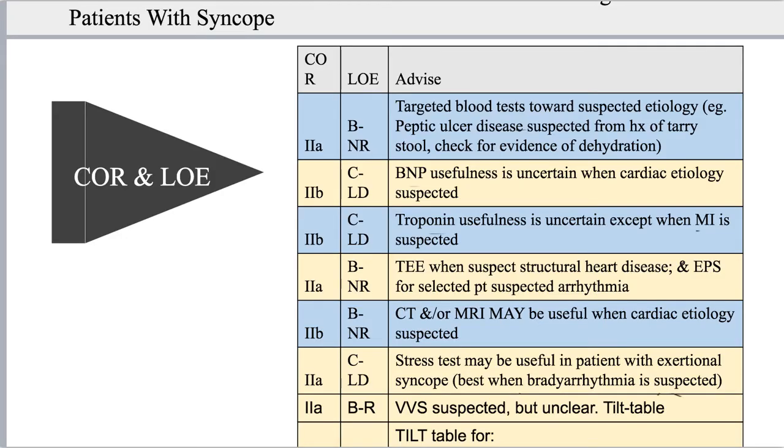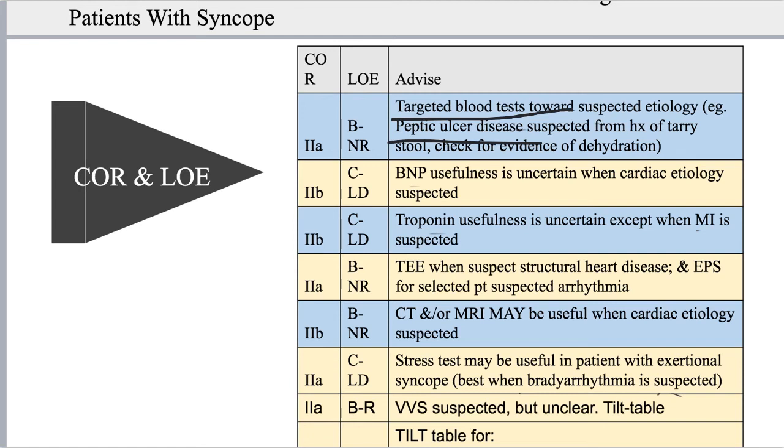Now focusing on the 2A and 2B level with level of evidence B: use targeted blood tests. Do not just throw a slew of labs at somebody. For example, you probably don't need a BMP unless you're looking to see if they're dehydrated. A CBC could point out anemia, for example, with peptic ulcer disease being a risk factor.